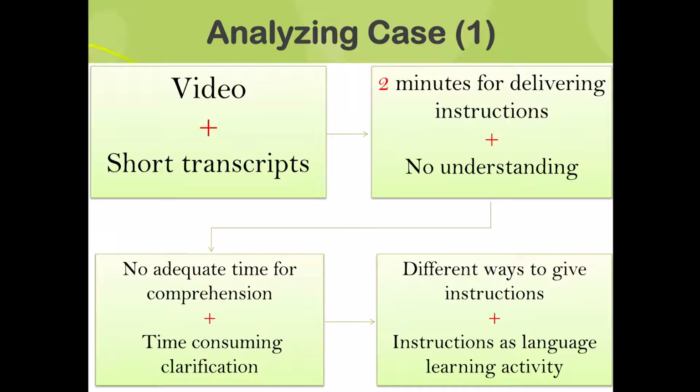One of these techniques was, on one day she wrote the instructions on the board. On the other day, she dictated the instructions to the students. On another day, she asked the students to paraphrase the instructions.